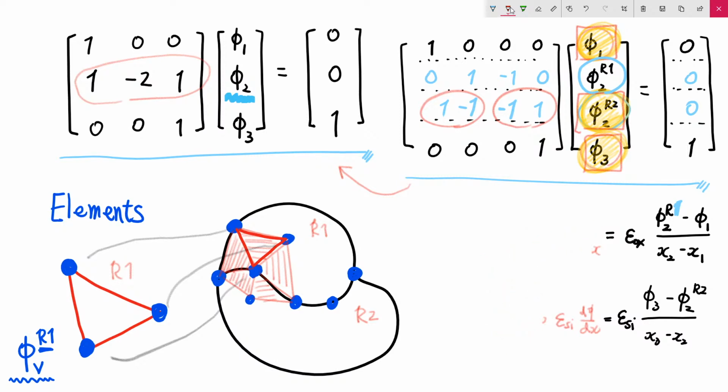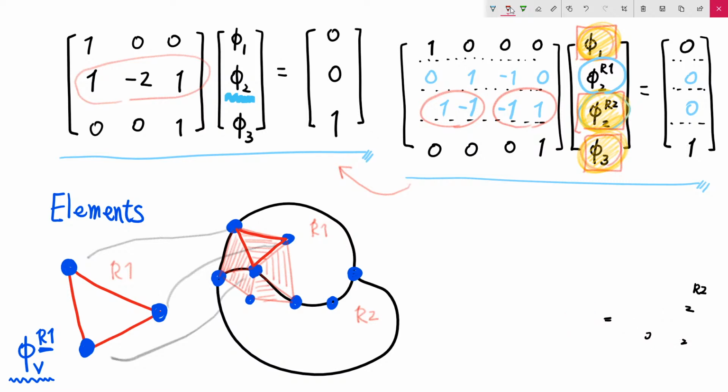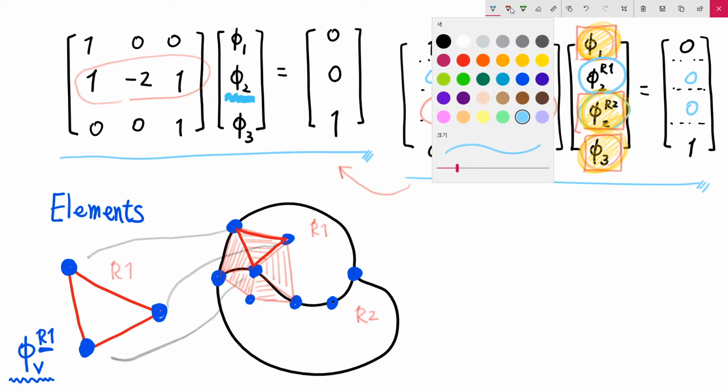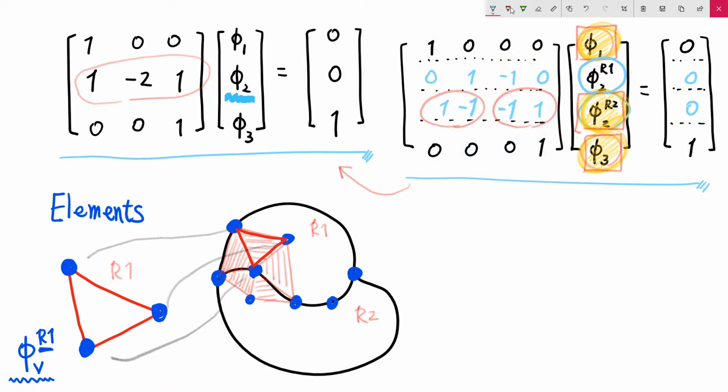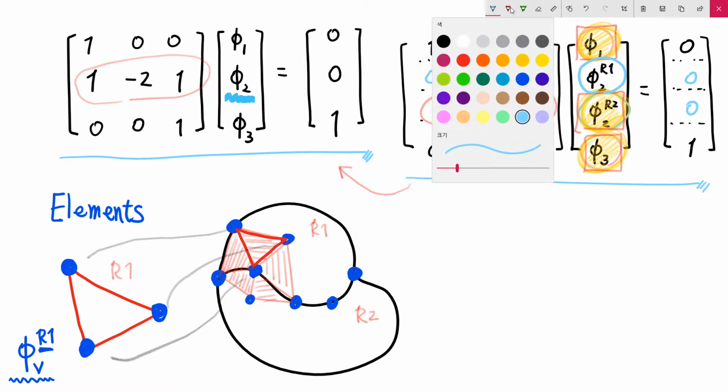So that is really well verified by actually solving your system. So let's do it together. So the solution vector will be like this.